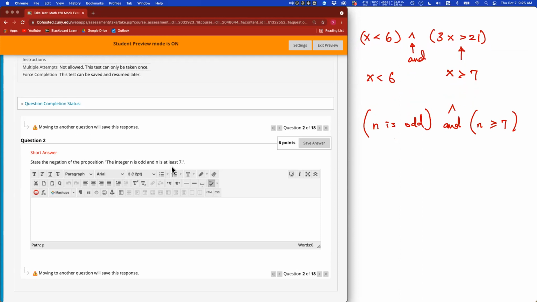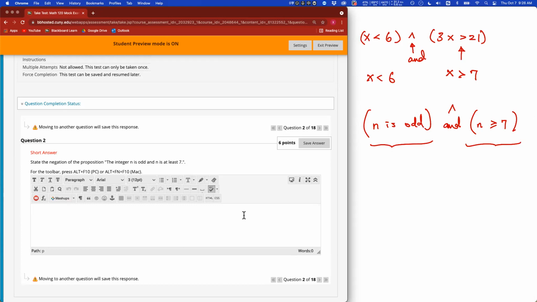Now to negate it, you need to apply De Morgan's law. So negate each part, and then you also need to negate the conjunction. And all your answer will be inside the text box. So to negate the integer n is odd, you will have the integer n is not odd, means it's even.